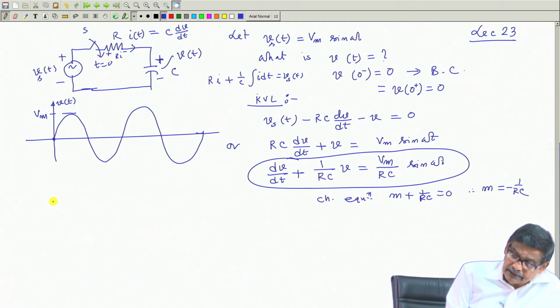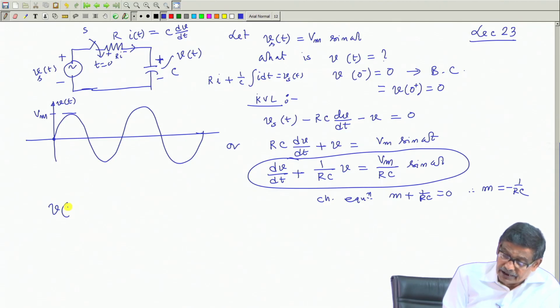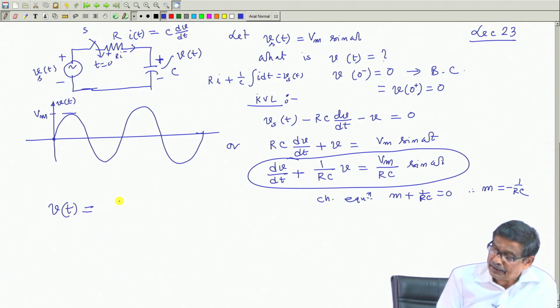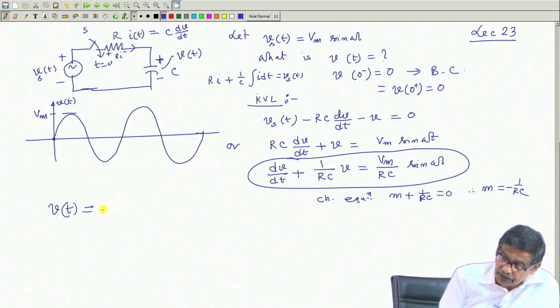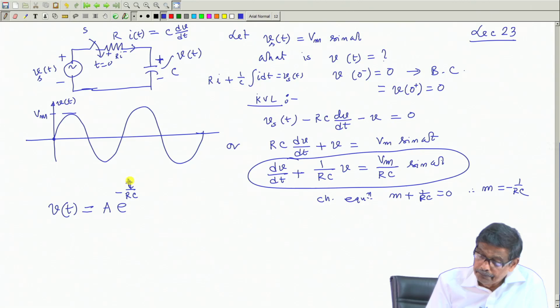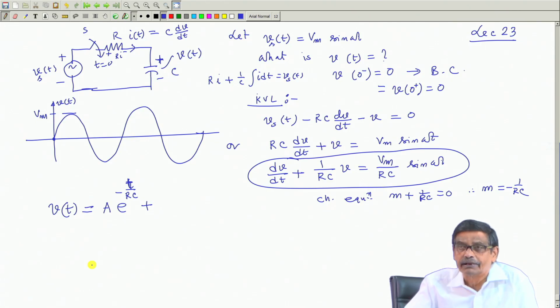Then the form or nature of the solution is very easy to write. It will be only a single root, no multiple roots: A into e to the power minus 1 over R C into t, plus the solution due to the forcing function. Once again it is a sin omega t term, so k 1 into sin omega t plus its higher order derivatives.